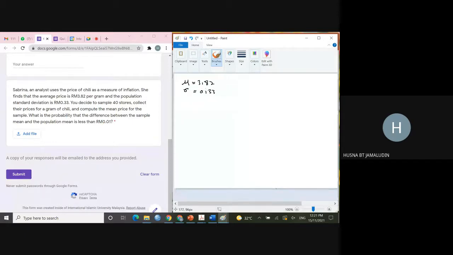You decide to sample 40 stores. What is this 40? And collect their prices for a gram of chili and compute the mean price for the sample. What is the probability that the difference between the sample mean and the population mean is less than 0.01? Okay, so can you answer this question?